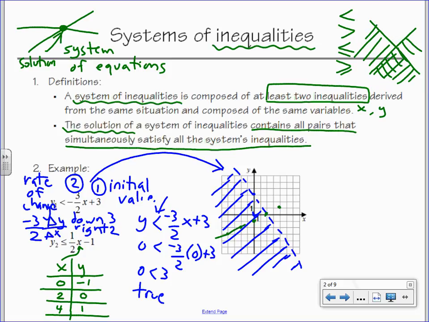Is it a full line or dotted line? It's smaller than or equal to. So yes, it's going to be a straight line. Sorry about my line not being on the right. Something like that. And my y is smaller. So smaller is going to be this.